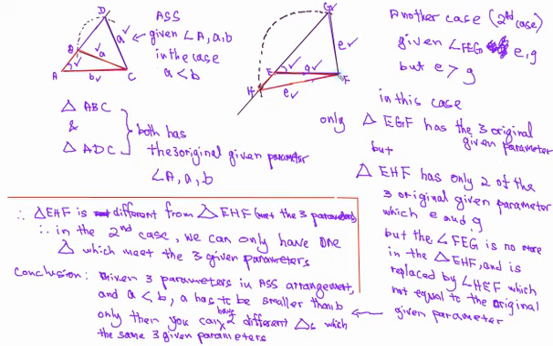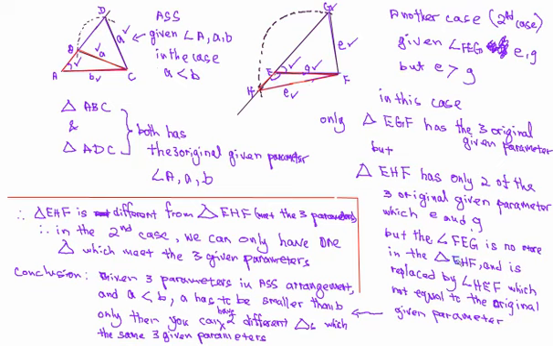Now if you look at the other triangle, which is EHF. Now you look at the lengths of the EHF triangle, you can see that you have G, you also have E. So you have two of the three original parameters, which is E and G. But then the angle here is not the original angle FEG. It is the angle related to this angle, HEF.